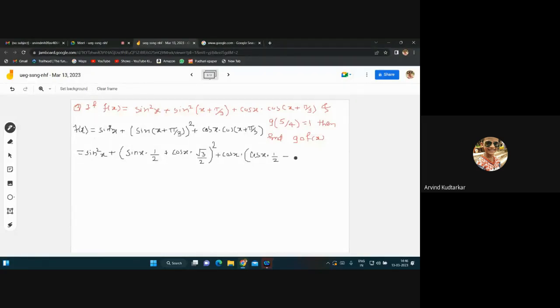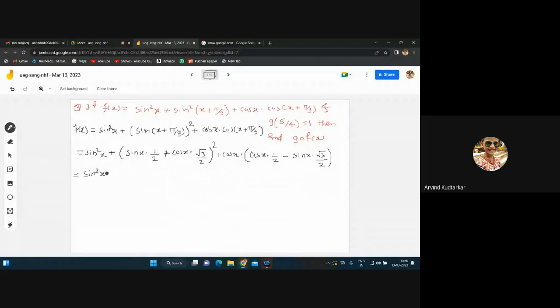That is cos x into cos of pi by 3, and cos 60 is 1 by 2, minus sin x into sin of 60, and sin 60 is root of 3 by 2. Now you expand the whole function. A plus b whole square is a square plus b square plus twice ab.